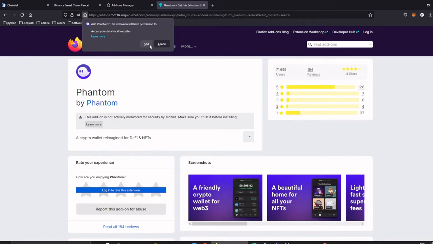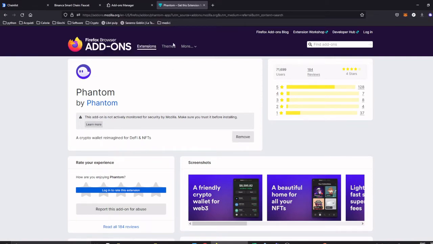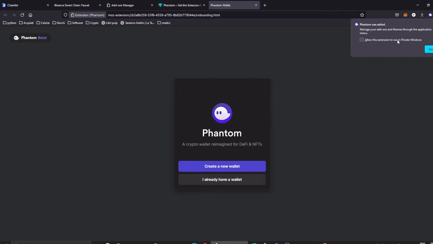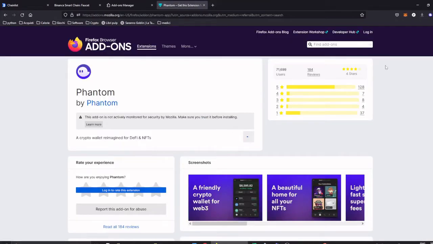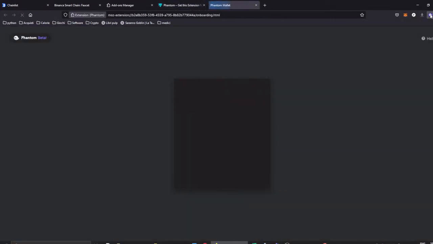Okay, every time you can run it. Yes, fine. Now, as usual, I will create a new wallet and a password.